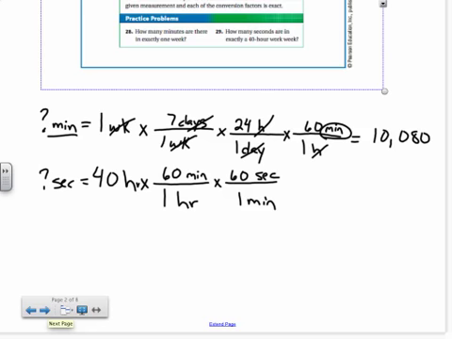Make sure that you can always cancel. Cancel those, cancel the minutes. I'm going to take 40 times 60 times 60, and I'm going to get 144,000 seconds.